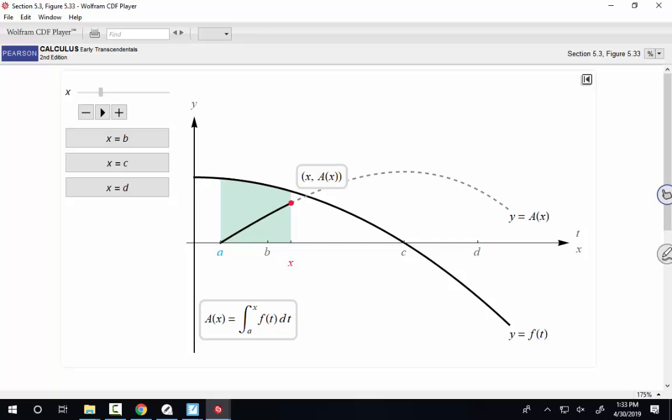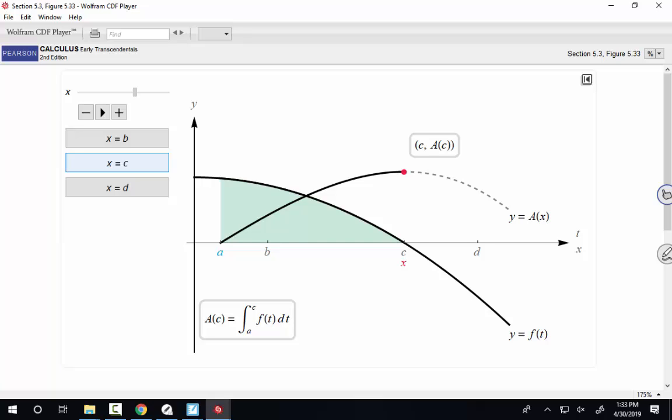Okay, so underneath the function f of t, I start out with an area of 0, and if I start moving, increasing x, notice that all of this is above the axis. So all of this green stuff is above the x-axis. So the entire time my area function is increasing because I'm just gaining more and more area, right?